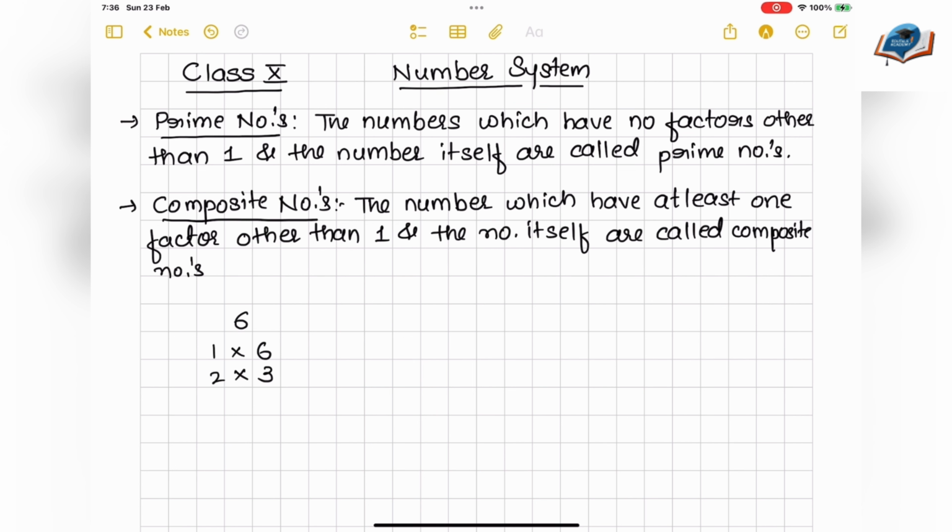Then one more term we will be using, that is co-prime numbers.